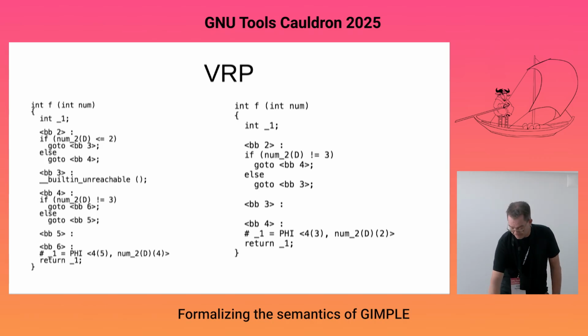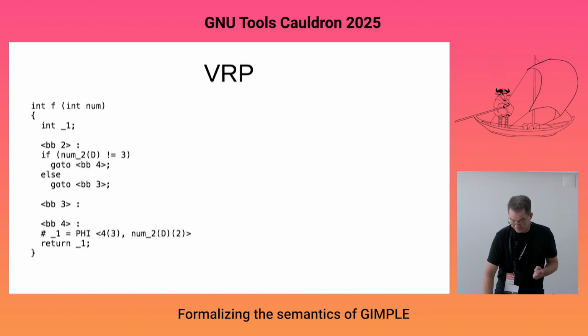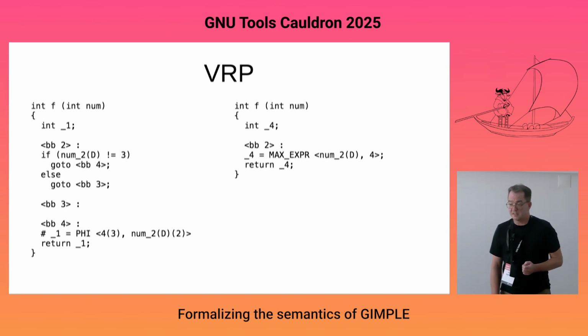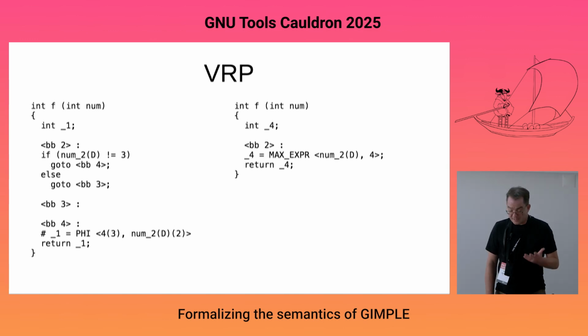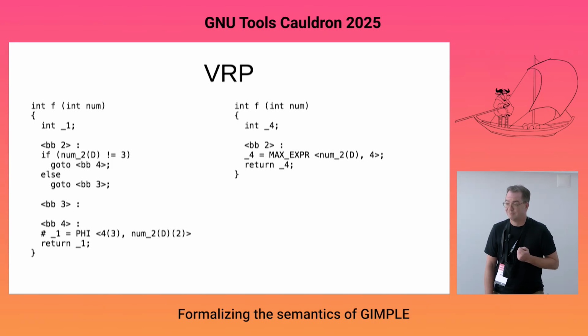So far, so good. Now we have this, and phi opt does this transformation, because it knows from the range data that the value must be 3 or higher. But that is nothing that is written in the GIMPLE statements.